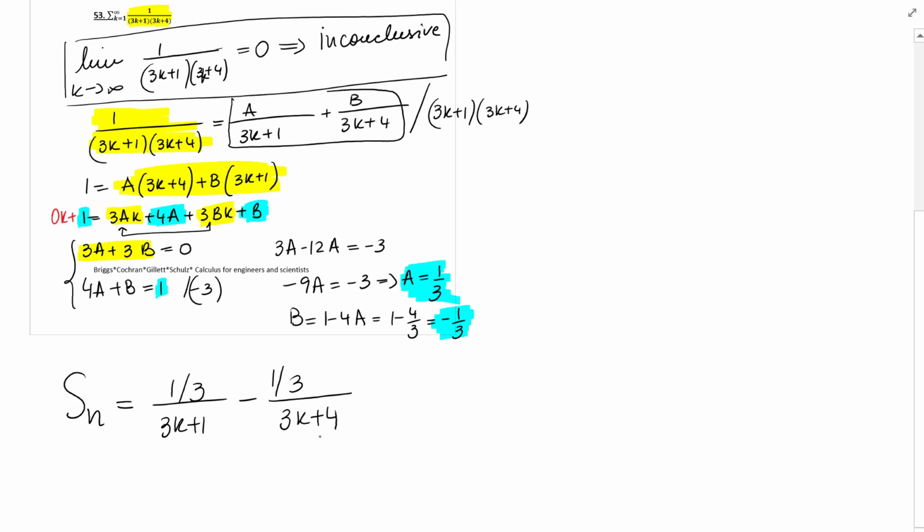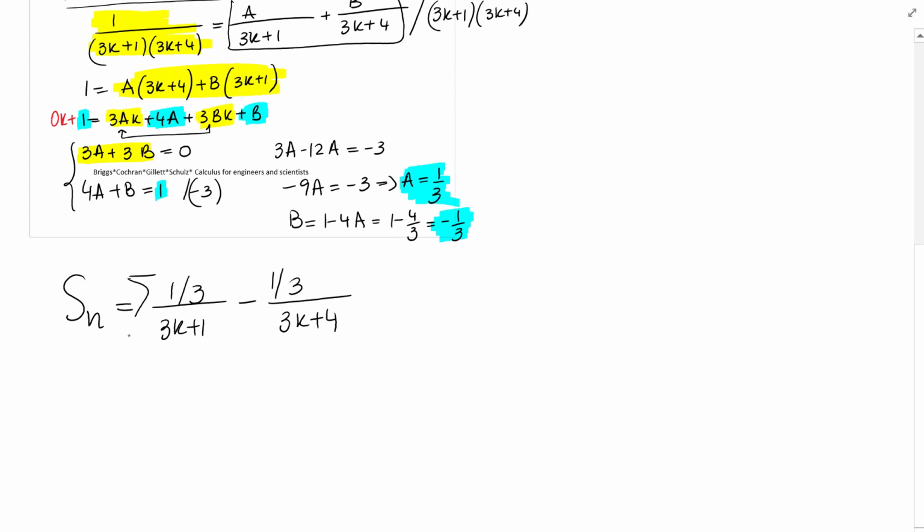So we get the sum as k goes from 1 to n equal to that. 1/3 comes in front, and now I'm going to start giving values to k. If k equals 1, I get 1 over 4 minus 1 over 7. If k equals 2, I get 1 over 7 minus 1 over 10.